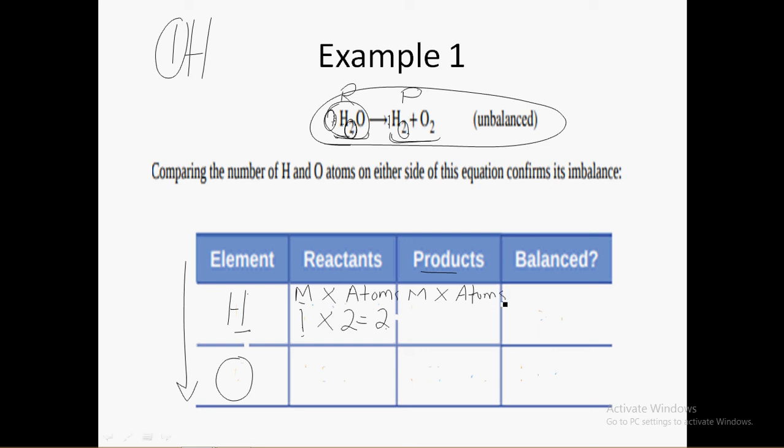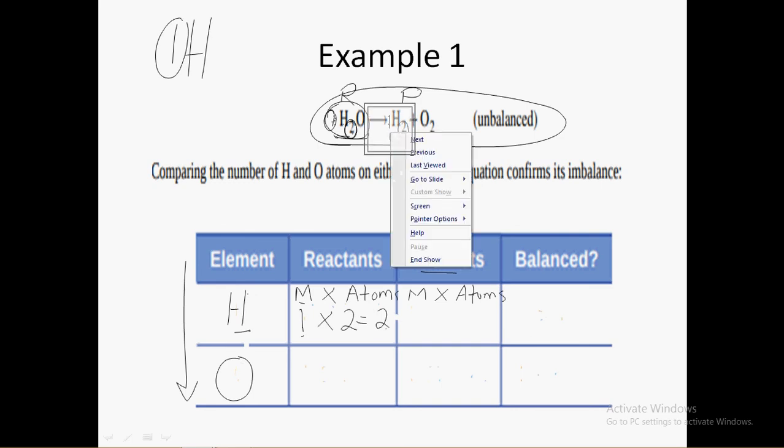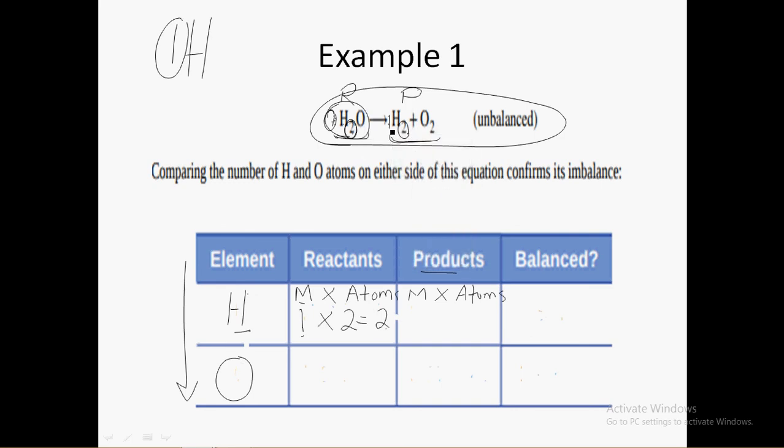How many molecules are there? Look here. 1. 1 times how many atoms of hydrogen? 2. This 2 comes from there. So 2 atoms. 1 times 2 is equal to 2.